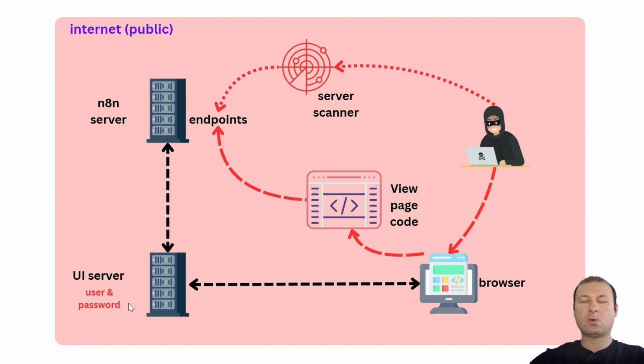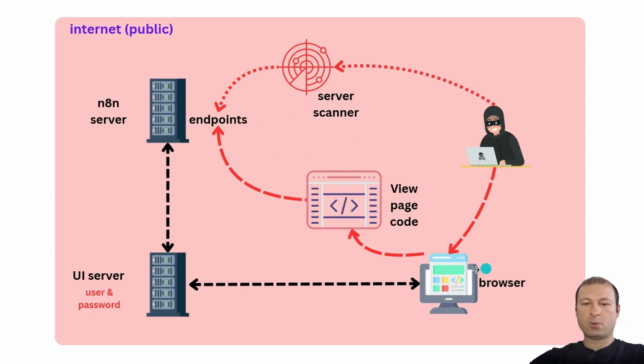Of course, you can watch one of my previous videos where I explain how to secure your Supabase instance. There is a chapter where I go into the details of how you can set up Nginx and protect the browser with your username and password. Very easy to do, very simple. Go and check that out.